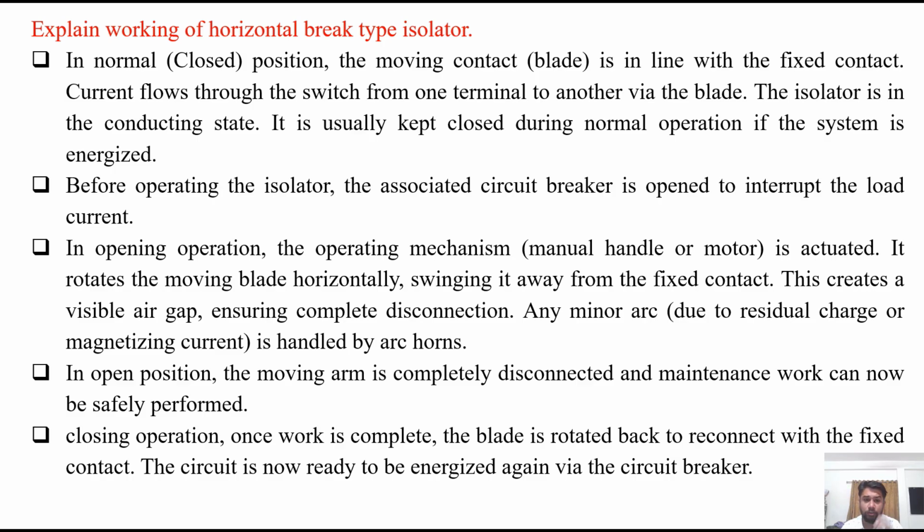placed in the isolator. In open position, the moving arm is completely disconnected and maintenance work can now be safely performed. So it ensures the complete disconnection or isolation so the working personnel can easily do the operating duties or maintenance.